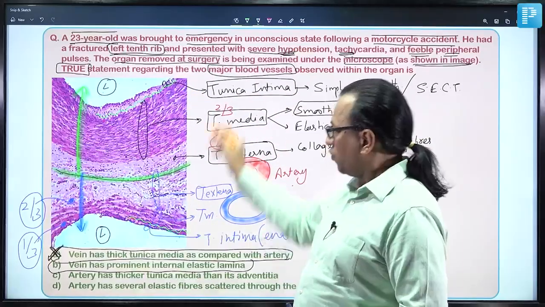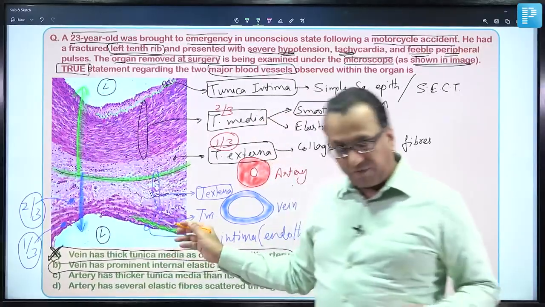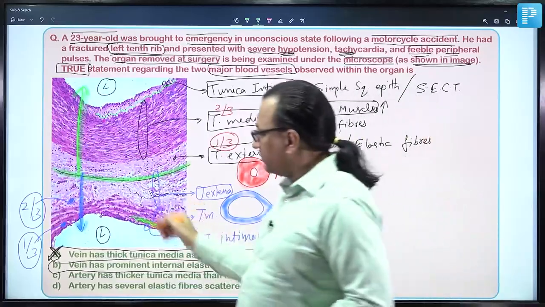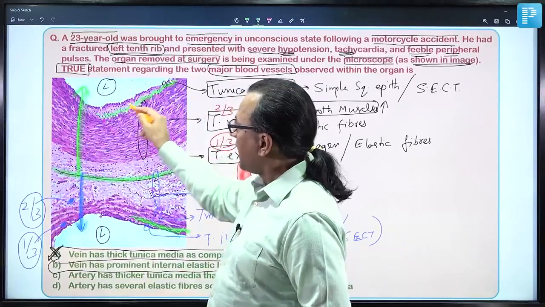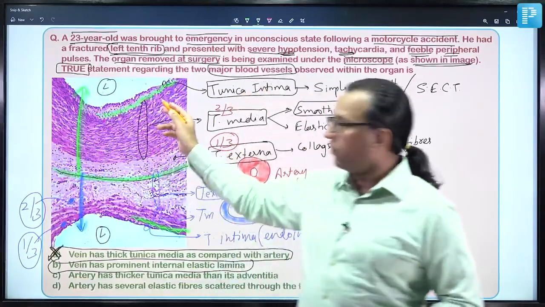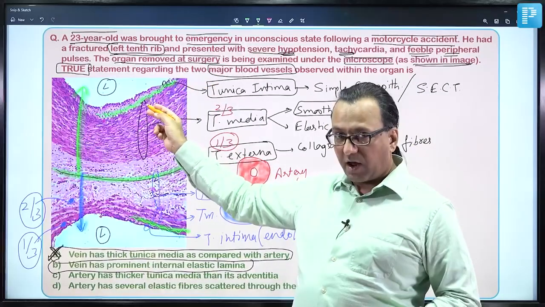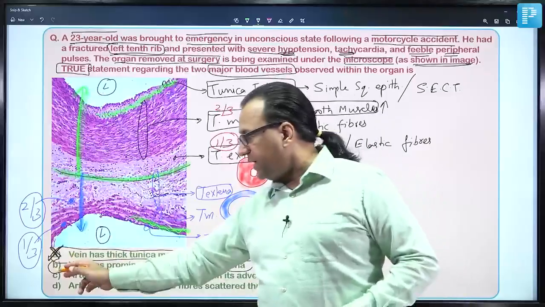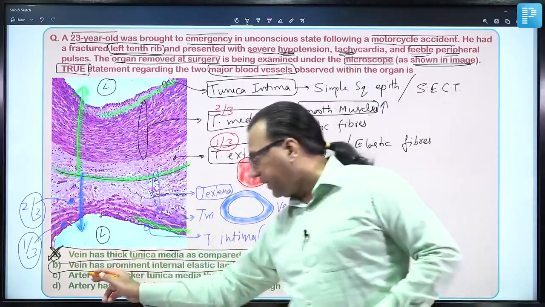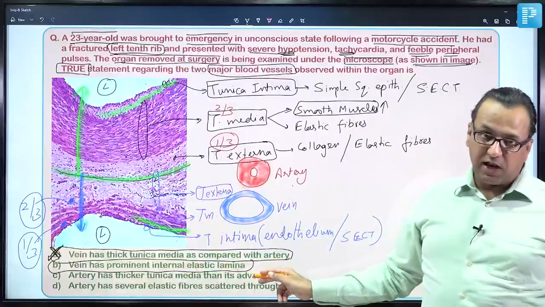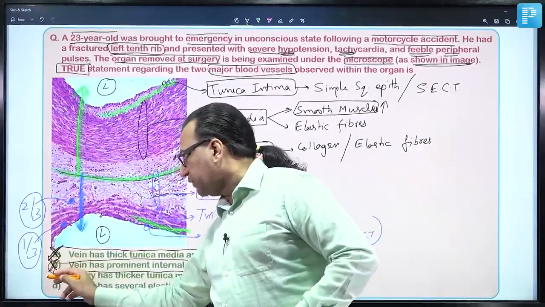So the point is, when it comes to internal elastic lamina, it is definitely present in a vein, but it is more prominent in an artery. We'll see a diagram, a magnified view where you can clearly see internal elastic lamina, especially in an artery. So that means choice B is also a wrong statement, because it is the artery which will have prominent internal elastic lamina.